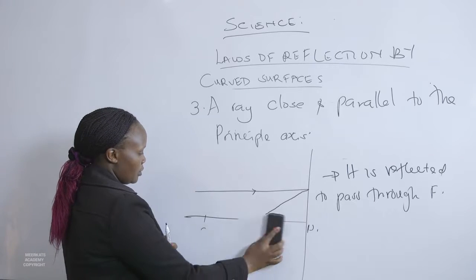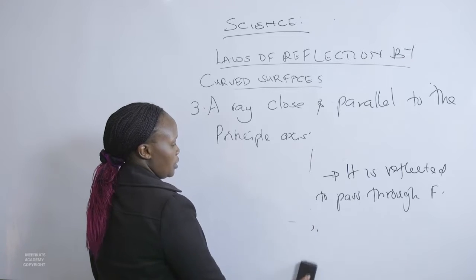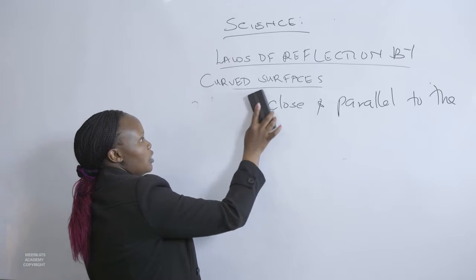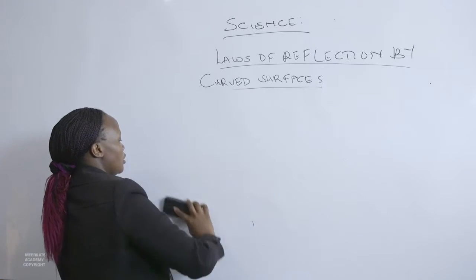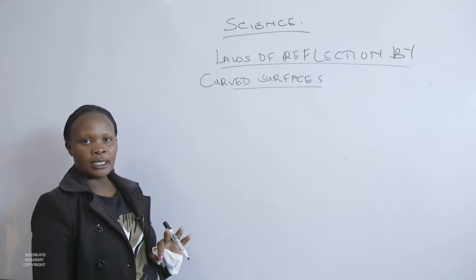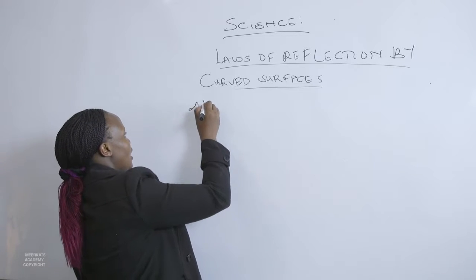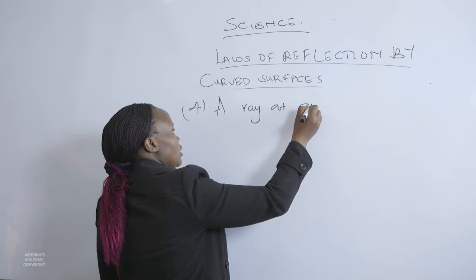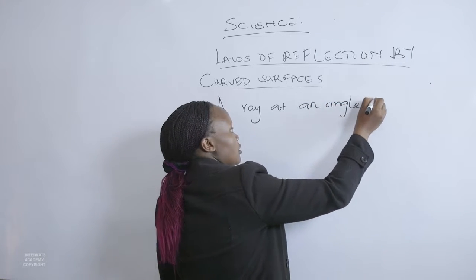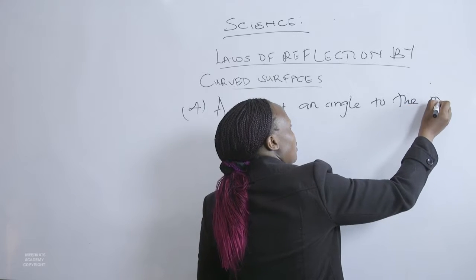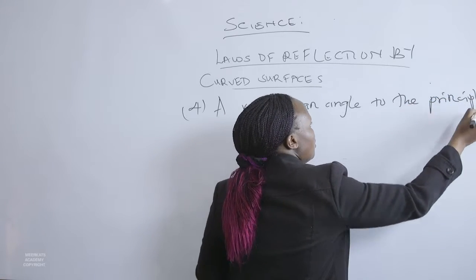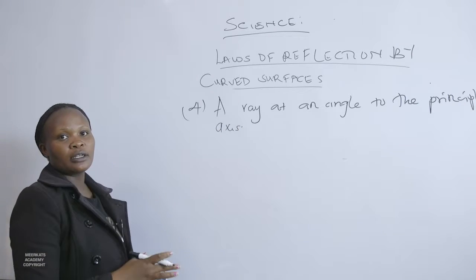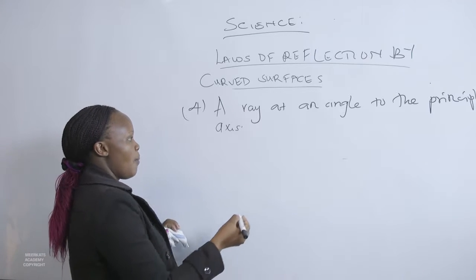Now finally, the fourth law, or the fourth important ray that we are going to look at, is a ray at an angle to the principal axis.